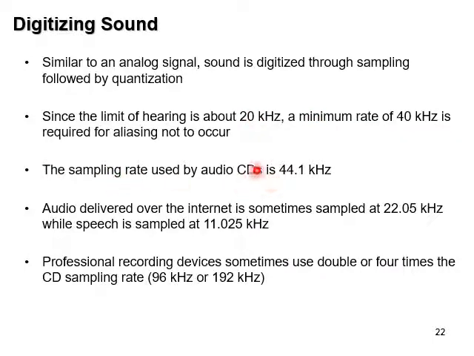That's why the sampling rate of audio CDs is 44.1 kilohertz, above double the highest frequency. Audio delivered over the internet is sometimes sampled at 22.05 kilohertz, while speech is sampled at 11.025. Why 11.025? Because when people talk, they can hardly produce the very high frequencies with their vocals, right?